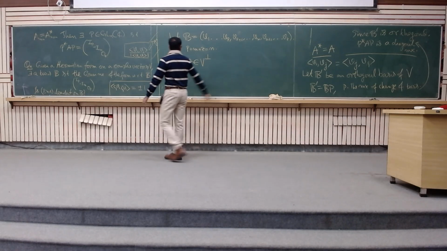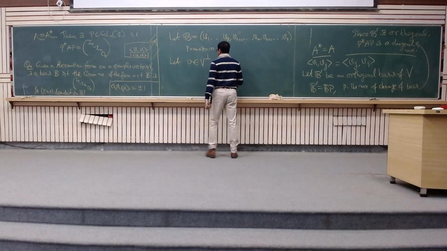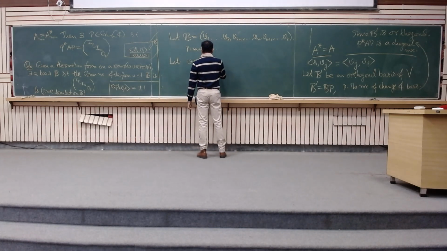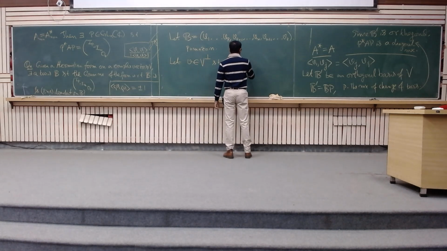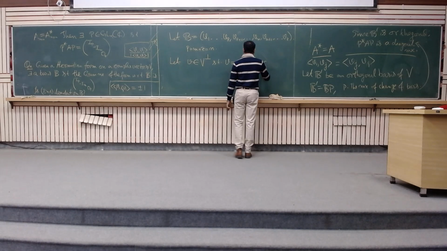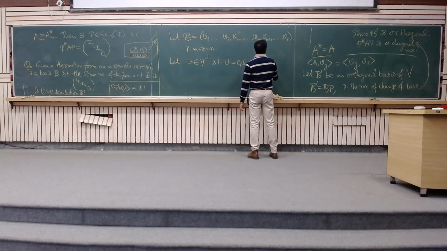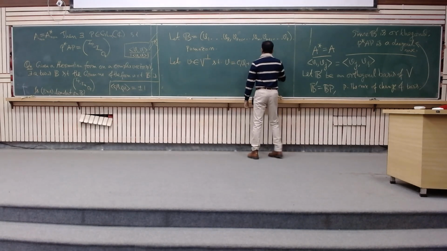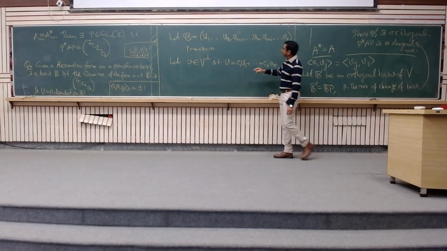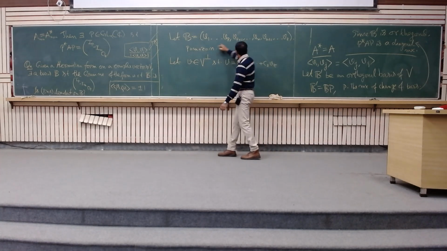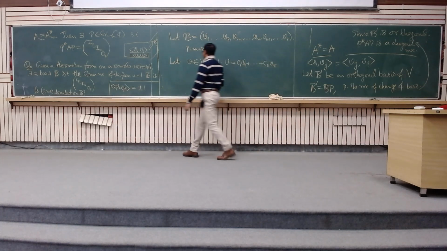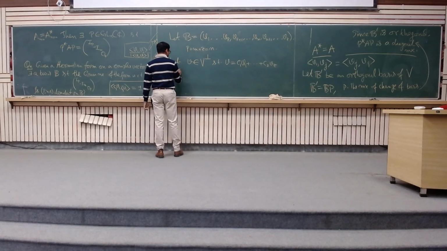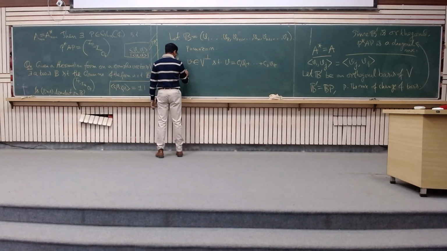Now suppose V is in V perp, such that V is equal to C1 V1 plus up to CZ VZ. So we are expressing this V in terms of this basis. Now note one thing, that this is an orthogonal basis, right? So what happens to Vi?